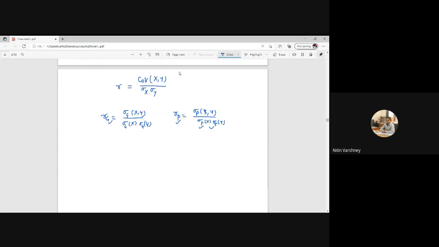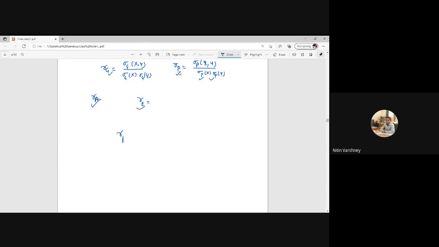Okay, so I can find Ra also and Re also, for the environmental and for the additive effect. Now, what will be our Rp, the phenotypic correlation? That will be sigma g x comma y plus sigma e x comma y, that is, p is g and e, divided by sigma p x into sigma p y.